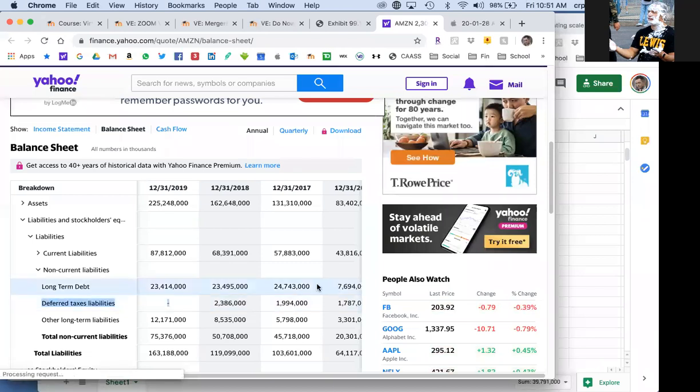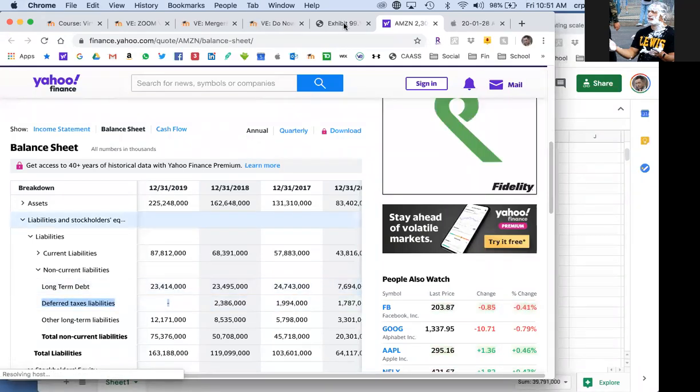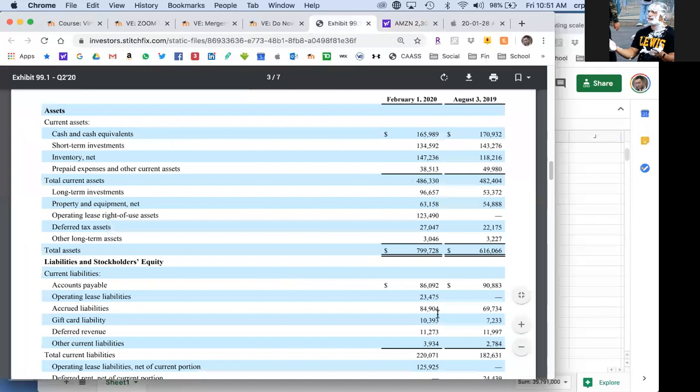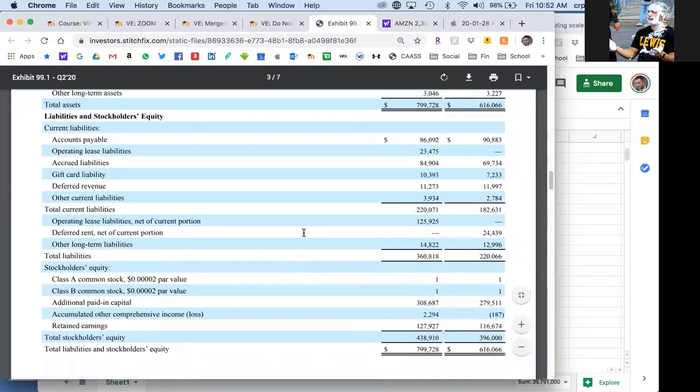Okay, so please be diligent. On the Stitch Fix one, notice there are no dashes minus this one, right? But this dash doesn't really matter because the balance sheet is still balanced. At least it's the Stitch Fix balance sheet. Okay, so you know that they're giving the actual numbers.